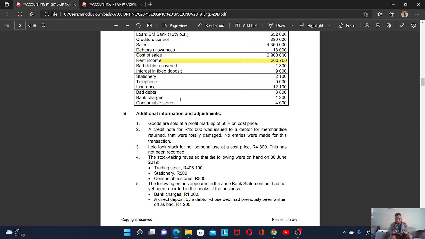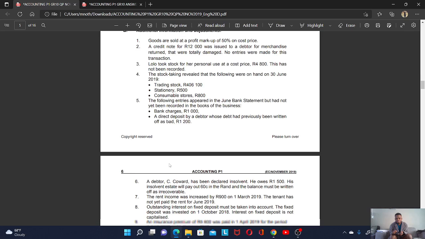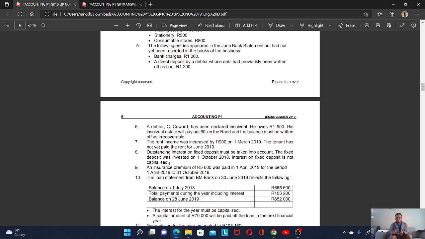Rent income was increased by 900 on 1 March 2019. The tenant has not yet paid the rent for June 2019. So this means that now we have an accrued income here.